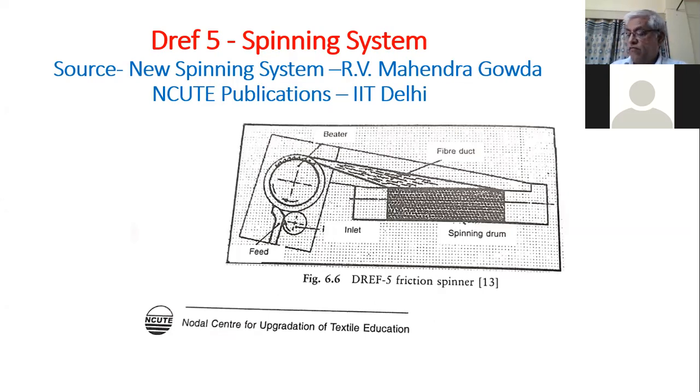They are not falling vertically, so that they can cover the yarns in a better way. So this kind of spinning system, where the open fibers after the carding roller or opening roller are fed to the spinning drum at an acute angle, is the draft 5 spinning system.